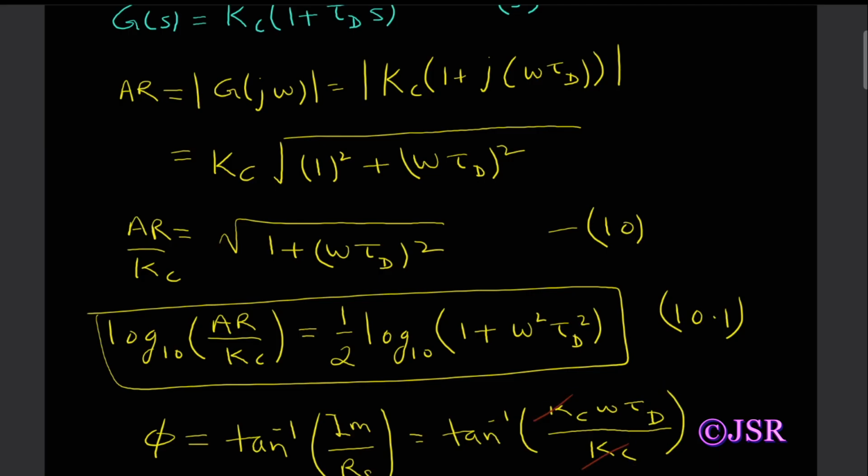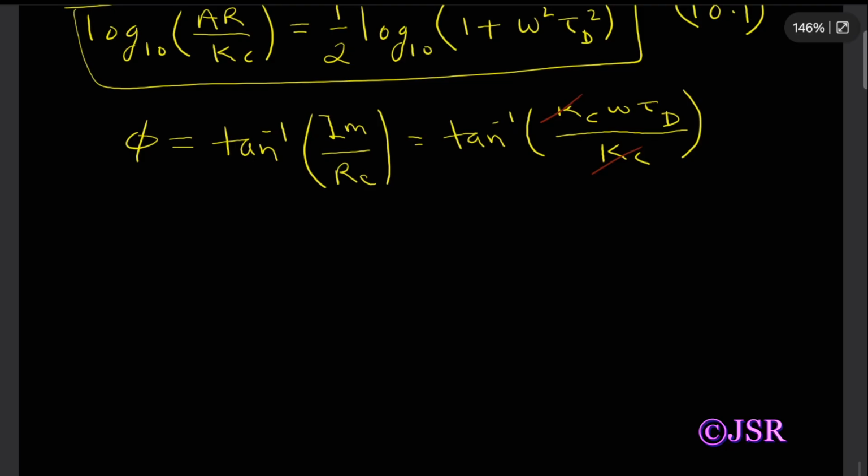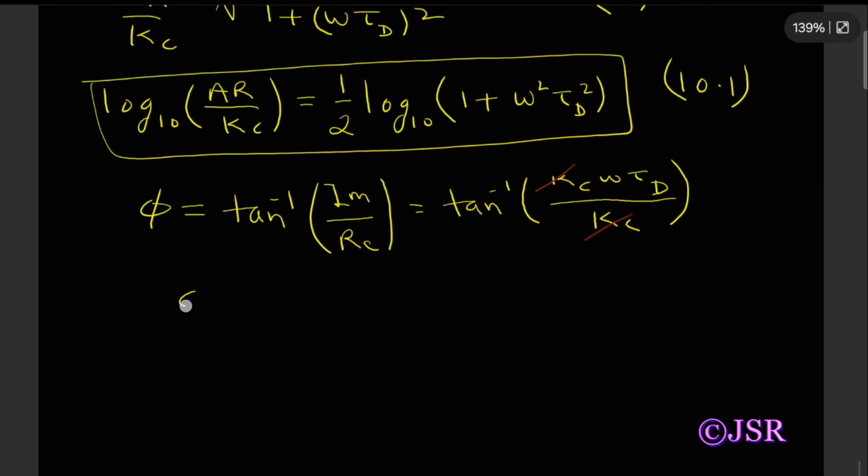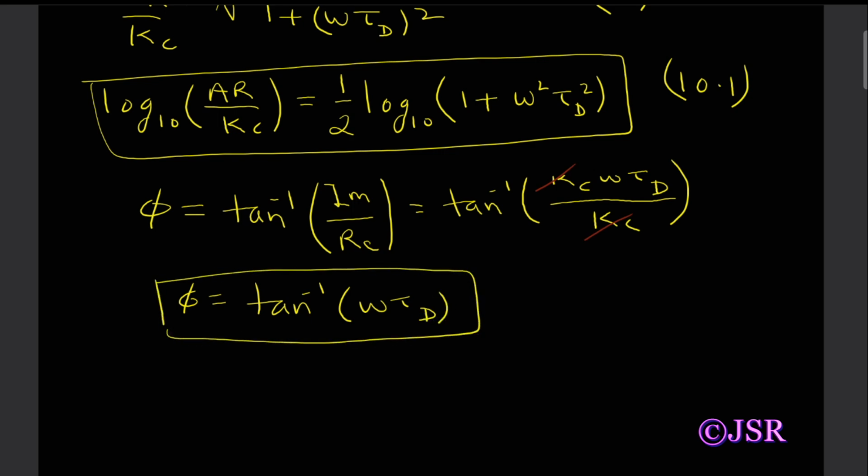So Kc cancels out, and we will have phase shift as tan inverse omega tau d. This is equation number 11.